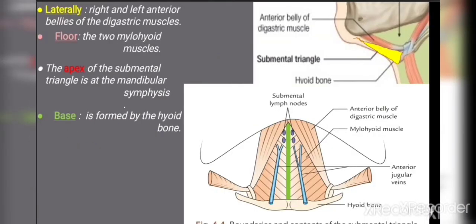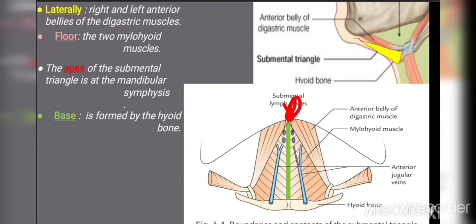The lateral boundaries of the submental triangle, on the right and the left, are the anterior bellies of the digastric muscle. Then the apex of the submental triangle is at the mandibular symphysis, where the two mandibles fuse in the midline during development.